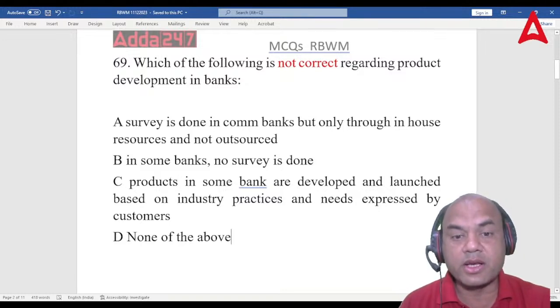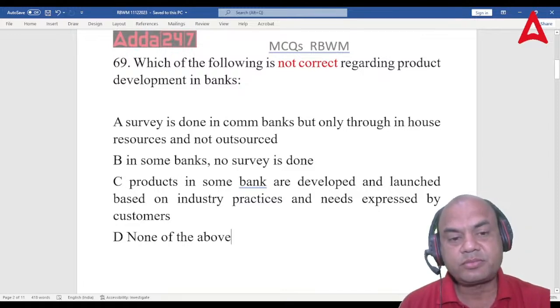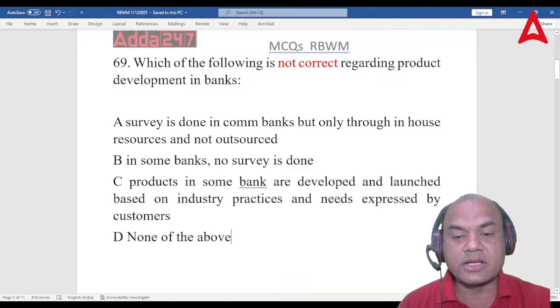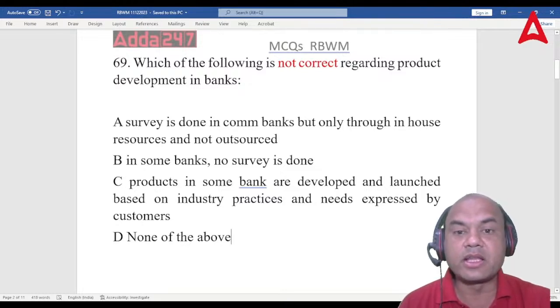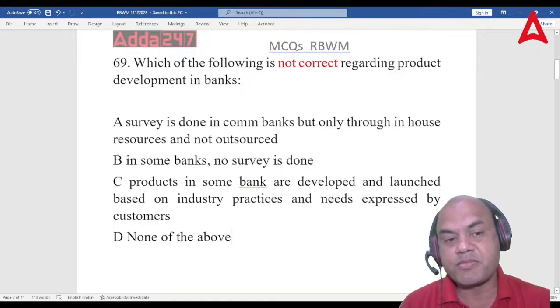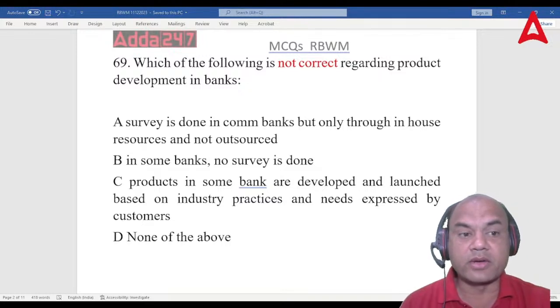B: In some banks, no survey is done. C: Products in some banks are developed and launched based on the industry practices and needs expressed by the customers. D: None of the above. So which of them is not correct? We want not correct.